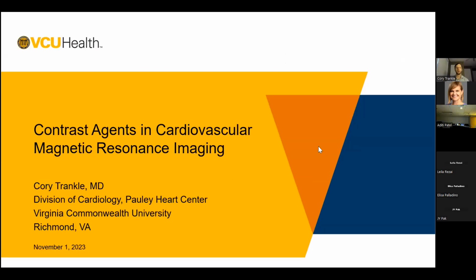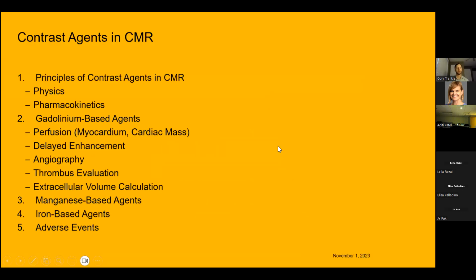Okay, so this is the overall outline of the talk. First, I'm going to talk a little bit about the principles of contrast agents, their physics, and why we can leverage that to enhance our clinical exams, and the pharmacokinetics of them. I'll talk mostly about the gadolinium-based agents, which is what we routinely use in clinical practice.